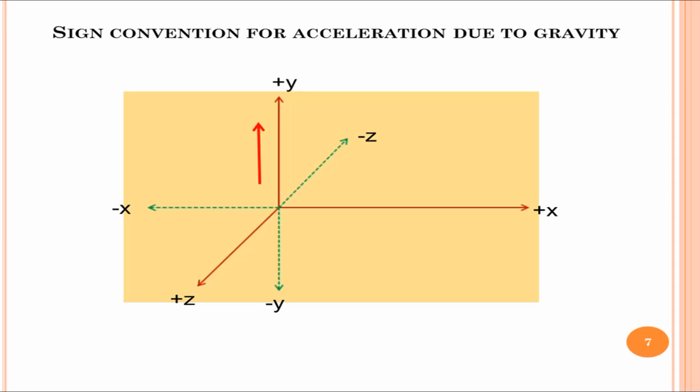Since the body moves along the positive y-axis, in that case the velocity of the body is taken as positive. Therefore, according to the sign convention of the Cartesian coordinate system, for any body moving vertically upwards, the quantity is taken as positive, and for any body moving downwards, quantities like velocity and acceleration are taken to be negative.